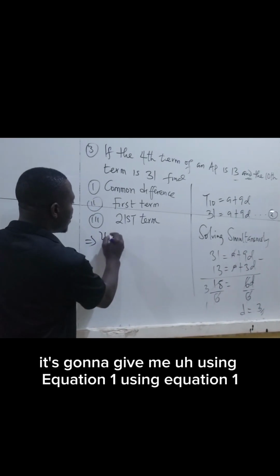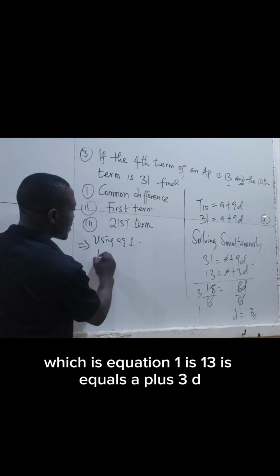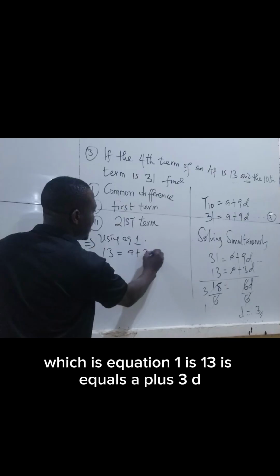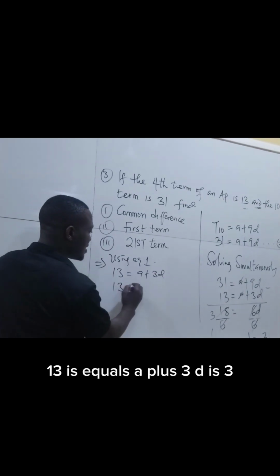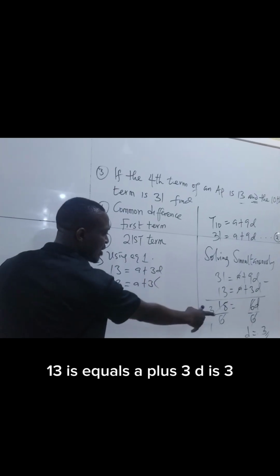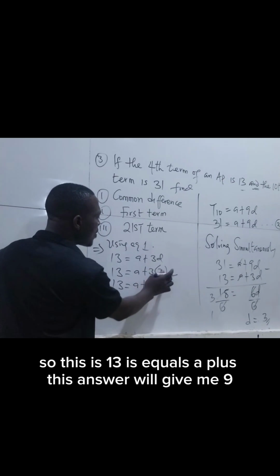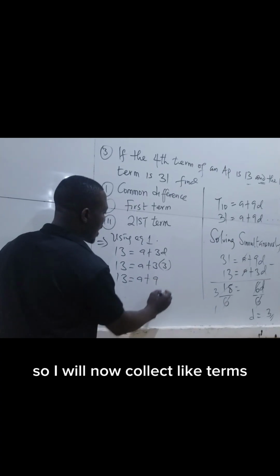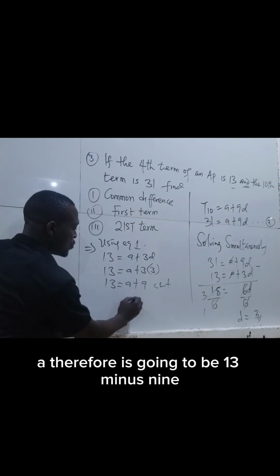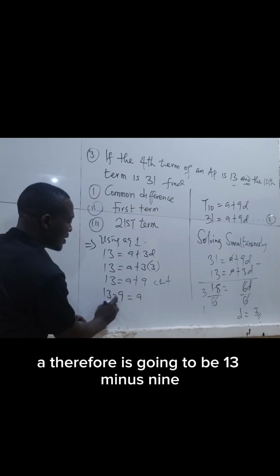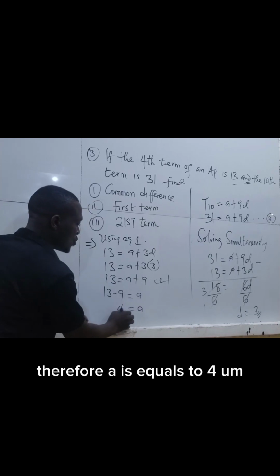Using equation 1, which is 13 equals A plus 3D, anywhere I see D, I replace it with the value there. 13 equals A plus 3 times 3, which gives me 9. So I will now collect like terms. A, therefore, is going to be 13 minus 9. 13 minus 9 will give me 4. Therefore, A is equal to 4.